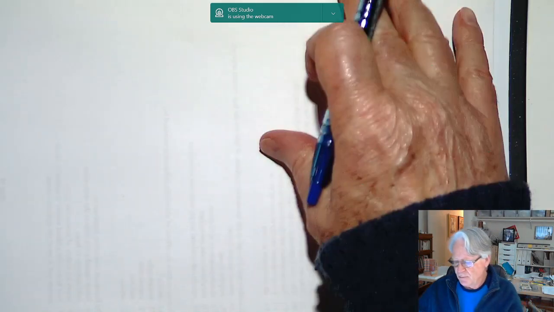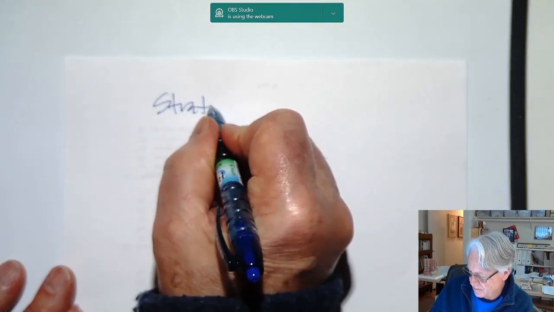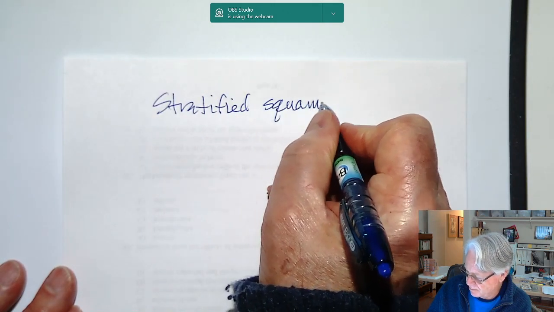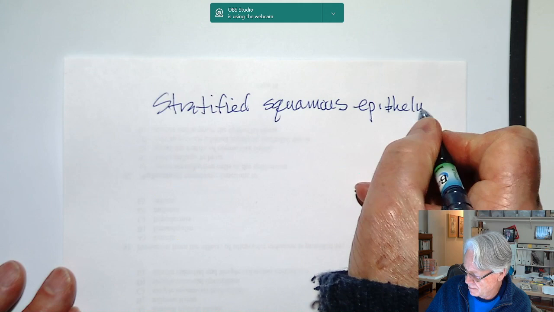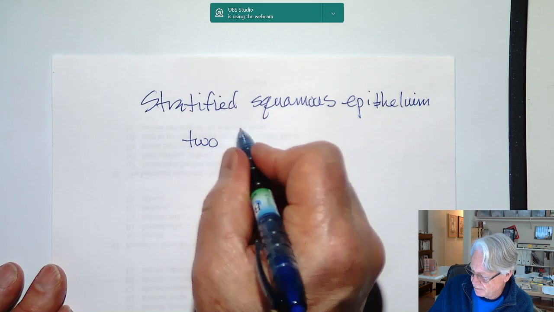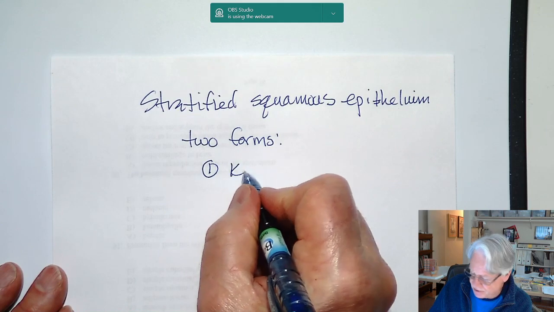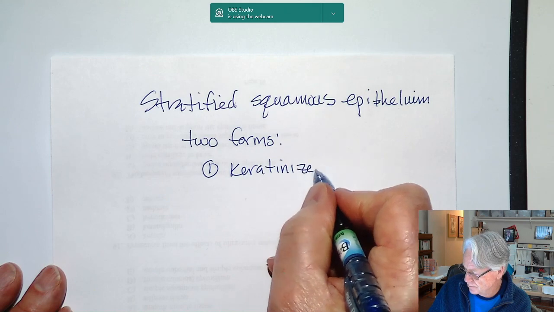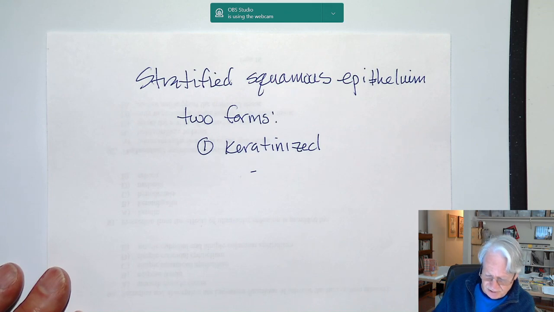All right. Well, let's move on and let's look at stratified squamous epithelium. Okay. And here we have two forms. One is keratinized. And by that we mean that the cells contain a protein called keratin.